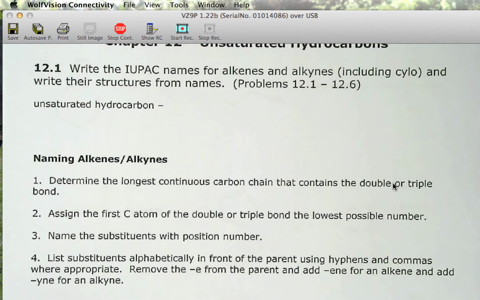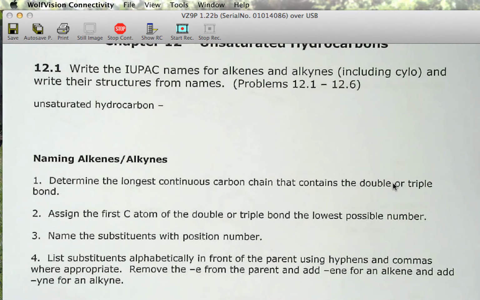We might have the E-N-E ending for the alkene, or the Y-N-E ending for the alkyne. When you take the test, everything will be mixed together. You'll have your alkanes, your alkenes, your alkynes. But by the time we get to that point, you will be experienced enough to name them all.